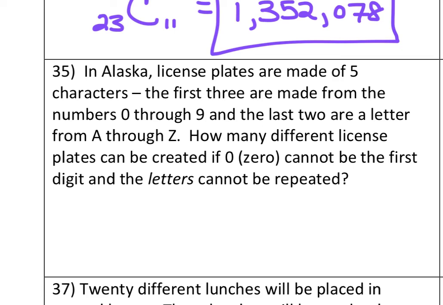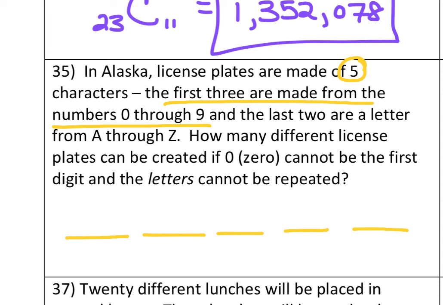So this is a license plate problem, and you want to make note of the fact that you've got 5 characters. So there's going to be 1, 2, 3, 4, 5. And the first 3 are the numbers 0 through 9, and the last 2 are a letter A to Z. And 0 cannot be the first digit. So instead of 10, there's only 9 numbers you can put in the first spot.